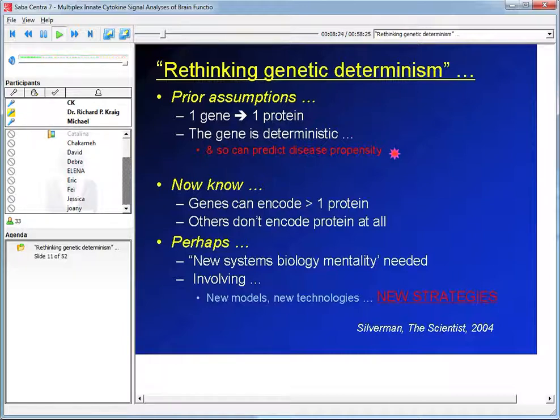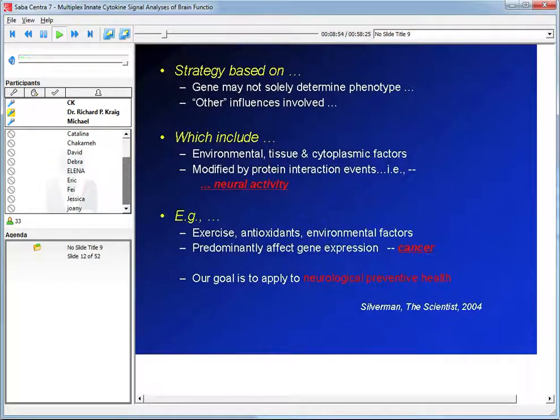The old notion of a gene encoding a protein, and others not coding a protein at all, needs to be considered. In fact, new systems biology approaches that go to gene-gene interactions or protein-protein interactions, a systems biology approach to complex signaling, are what's necessary to understand how a genetic propensity can either take you to a disease or take you away from a disease.